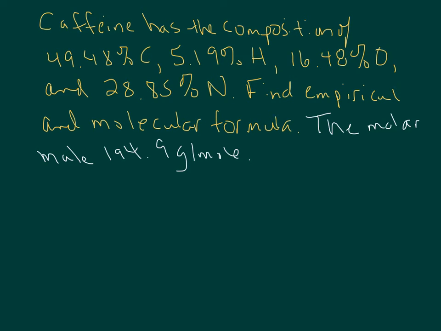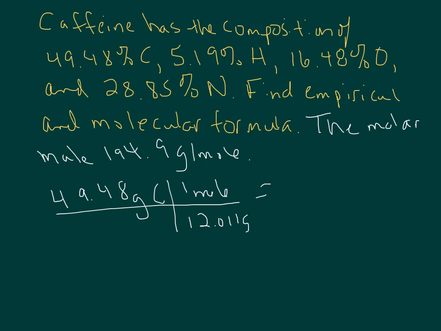Okay, so the very first thing we're going to do is exactly what we did in the last problem. We're going to take each percent, make it into grams, and then convert each grams to moles. So we'll start with carbon. The 49.48% becomes grams, and then we divide it by its molar mass, and we find how many moles of carbon we have.